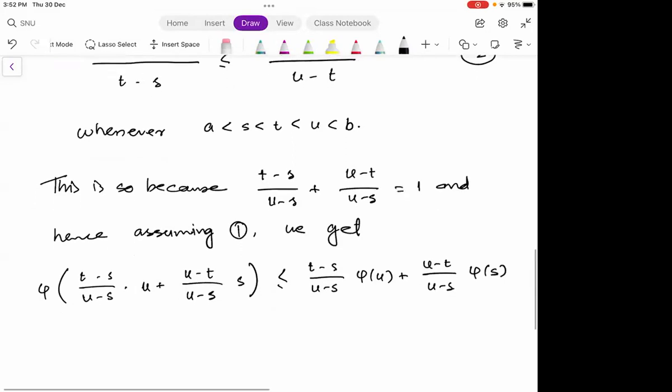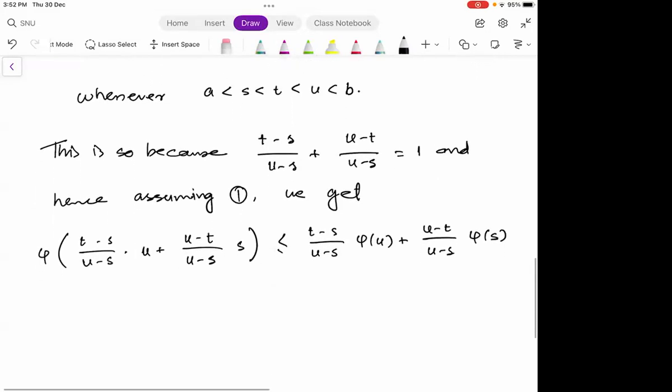All right. What is the left-hand side? So u minus s is a common denominator, and on top you have t minus s into u, which is ut minus us plus su minus st. So the us terms cancel, and you get tu minus ts, which is t times u minus s.